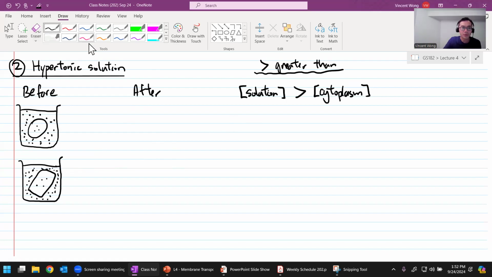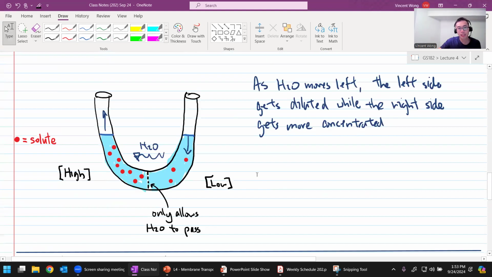So what happens? Which way is water going to be moving overall? Are you going to have more water moving out or more water coming in? More water going into the cell? Okay, but remember, these black dots are not water. So let's go back to this picture here. The black dots are like the red dots.